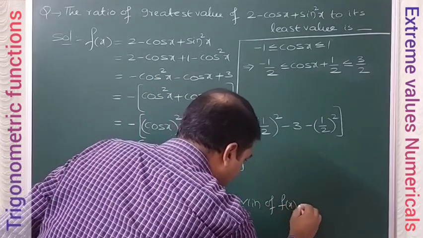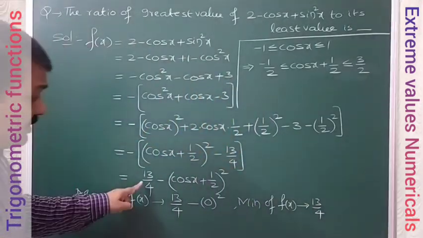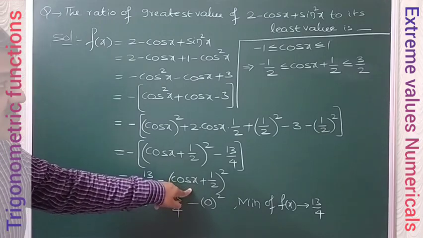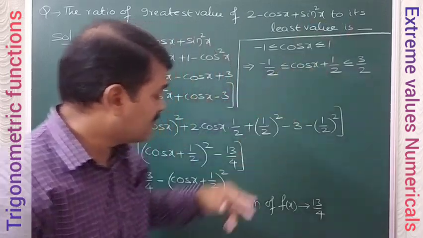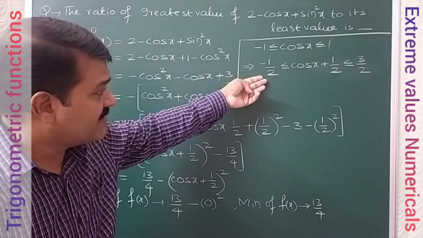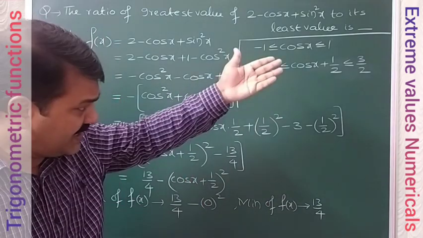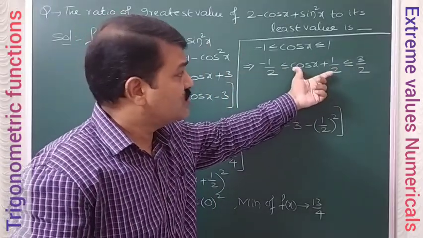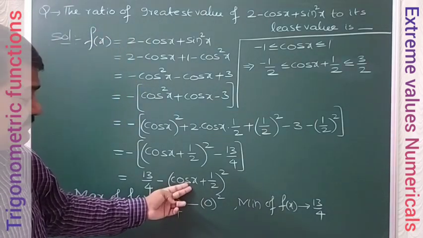The minimum of f of x will occur when this square is maximum. What is the maximum value of this? cos x + 1/2 is at most 3/2, no? So (3/2) squared, which is 9/4, is the maximum. Clearly, 3/2 is the greatest value of this function, and (-1/2) squared is only 1/4.